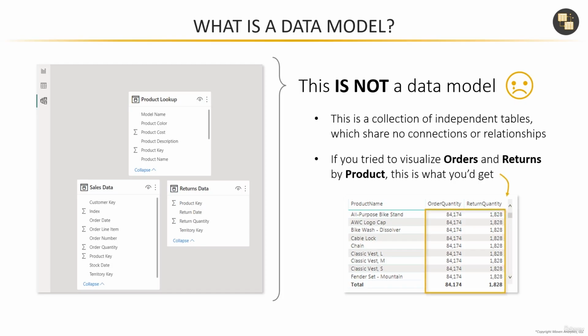You'd get that same repeated grand total in every single row of the table. And again, that's because we have no relationship, no connection that's allowing us to filter or segment those sales or returns values based on fields outside of those tables.